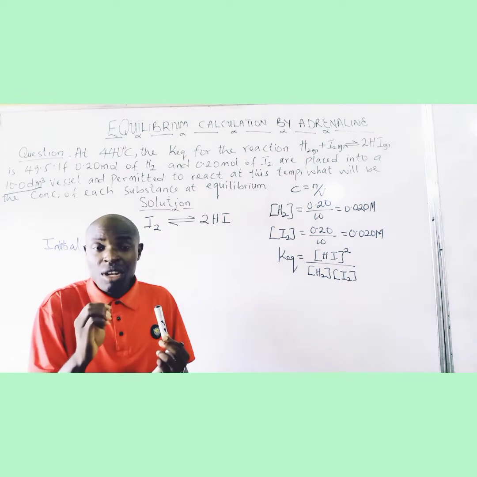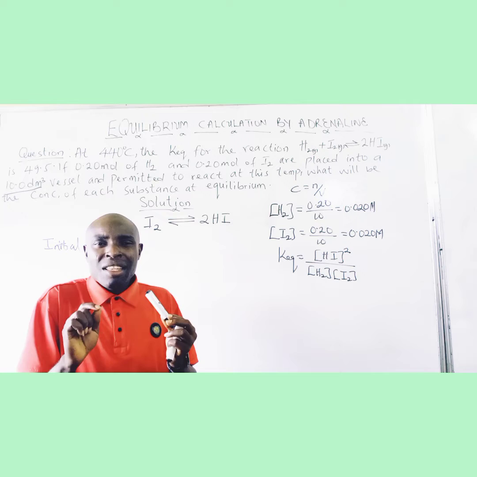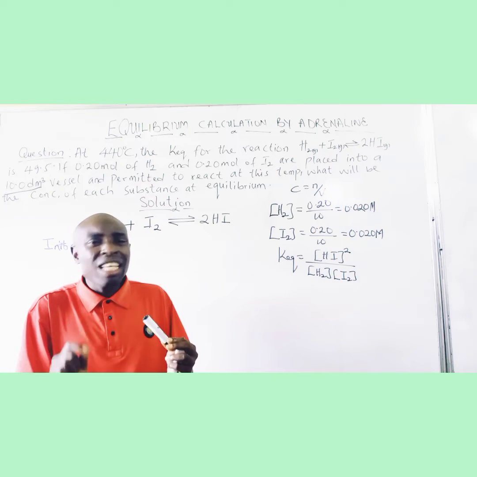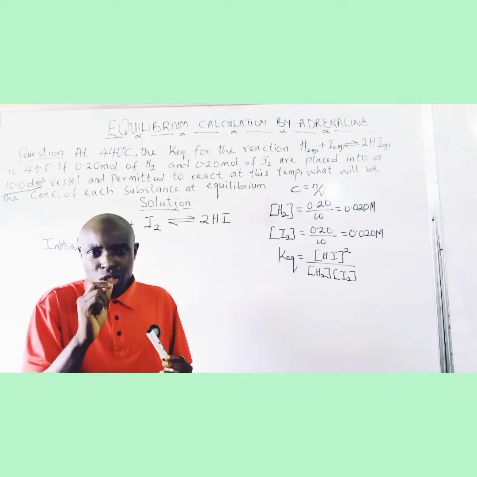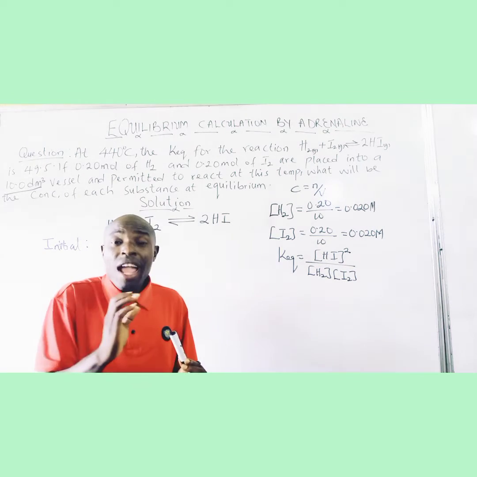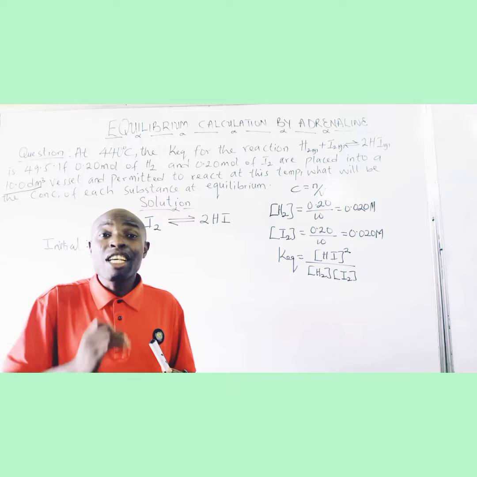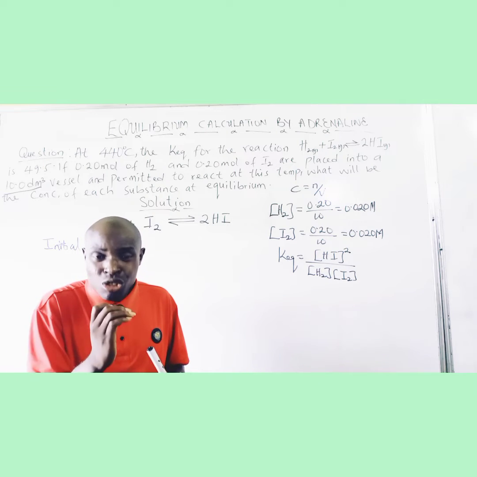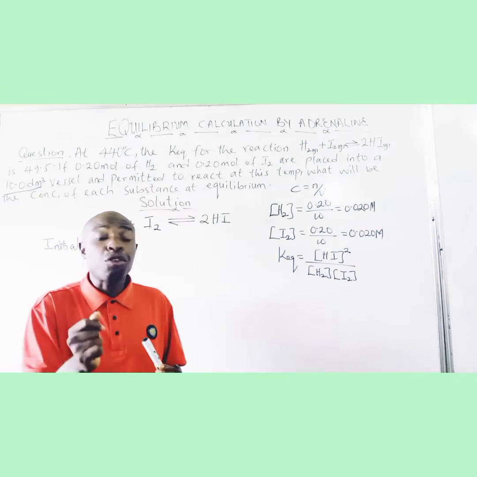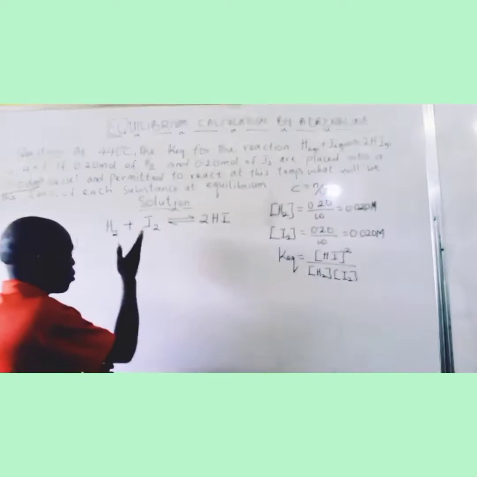As I've always told you guys, chemistry for A level and even O level is not difficult. Just follow suit. For every question on earth, there is a solution to it. Pay attention to the basics and rudiments, and off you go. You understand? So let's move straight away.